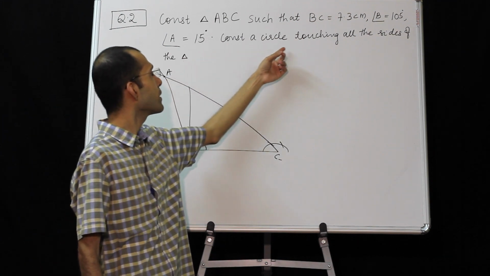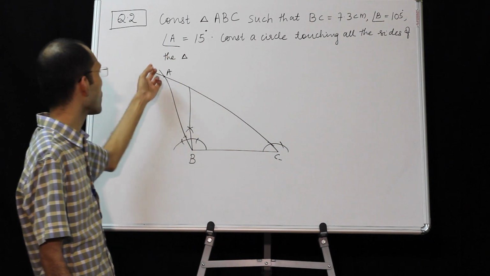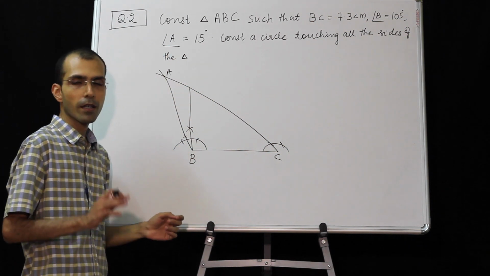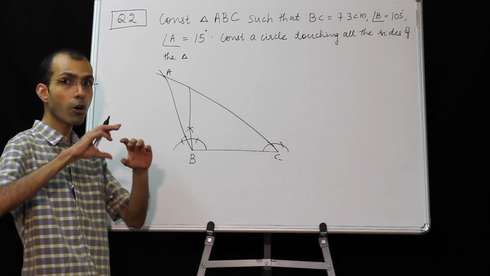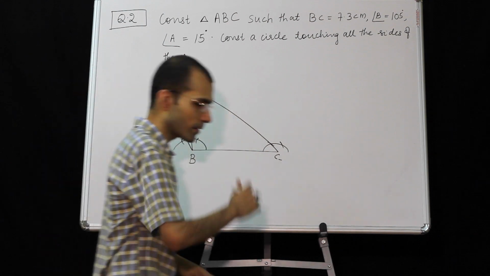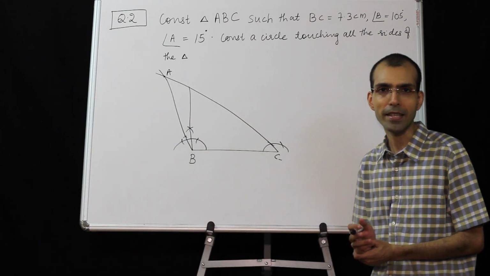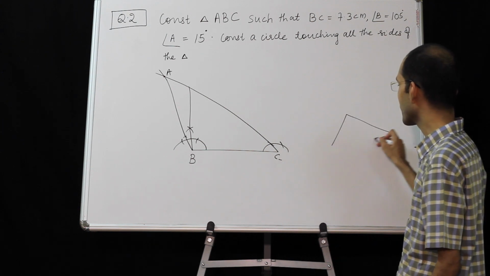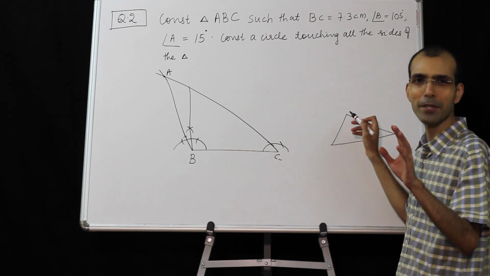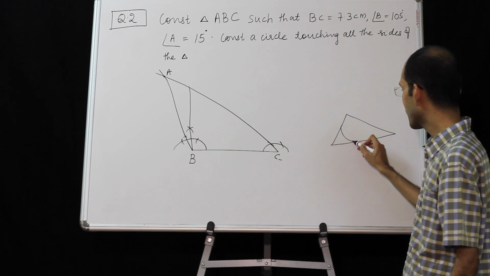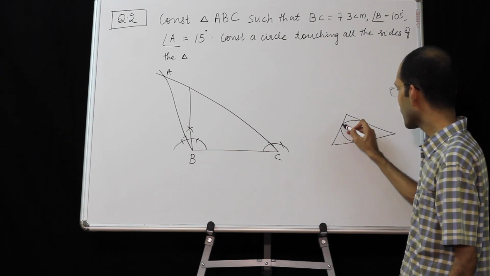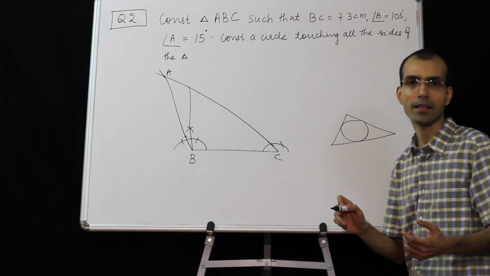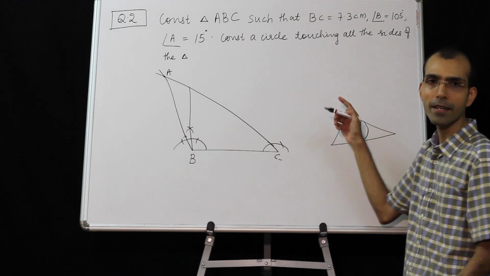Construct a circle touching all the sides of the triangle. What will this be? Incircle. See, if this is my any random triangle, this will be the incircle, touching all the three sides.